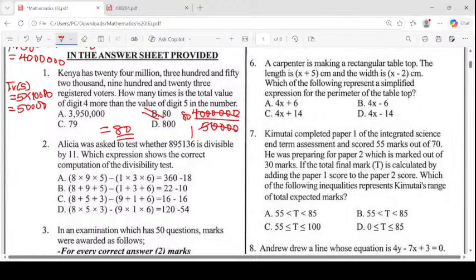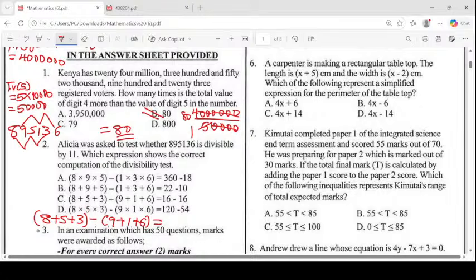That is what you need to understand. But when we look at this particular question, we have the number 895,136. Let us get the sum of the alternating digits. It will be 8 plus 5 plus 3, then 9 plus 1 plus 6. So the difference between the two, I'll take 8 plus 5 plus 3, then I subtract 9 plus 1 plus 6.